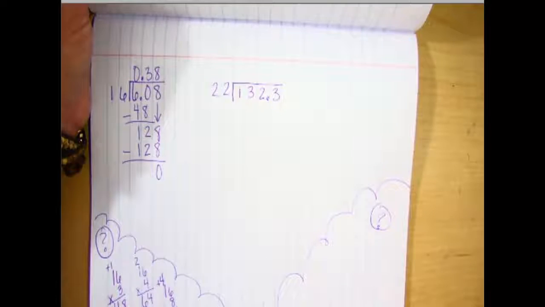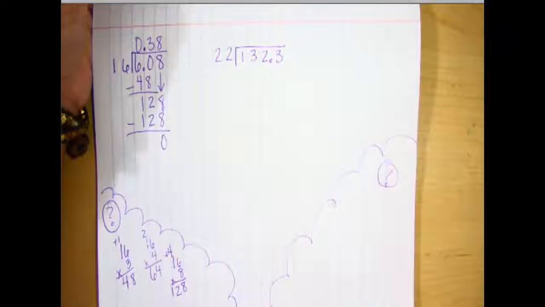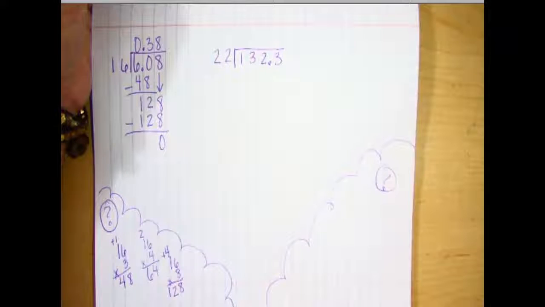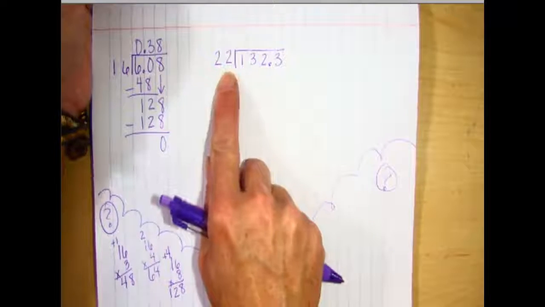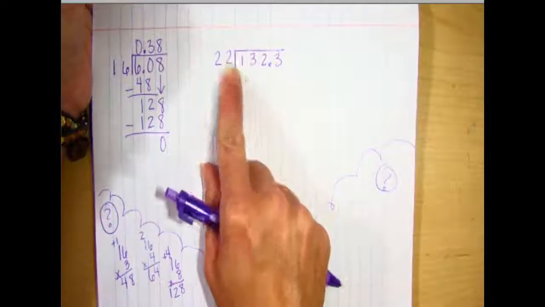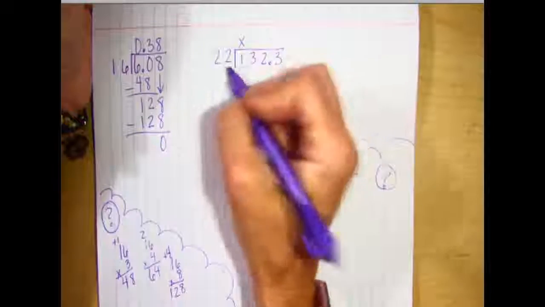All right, let's keep going. I'm going to make a new cloud for my guesstimates because 22s are not on my facts. I know I could figure it out pretty fast because 2s are easy to multiply by. So can 22 go into 1? No, I'm not going to put anything or put a 0 over it, okay? 22 into 13.